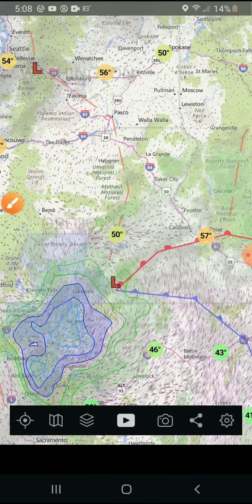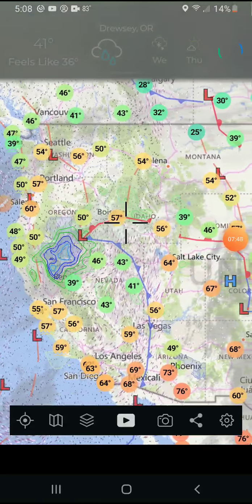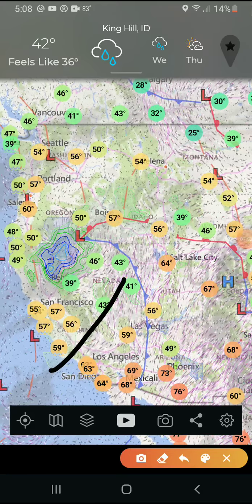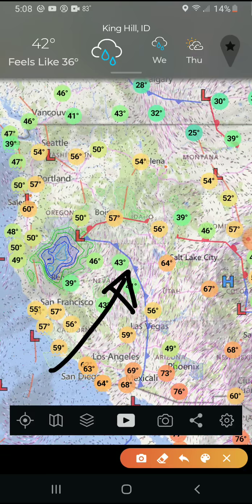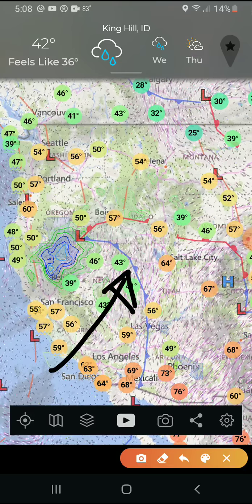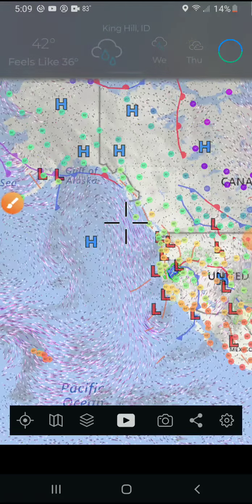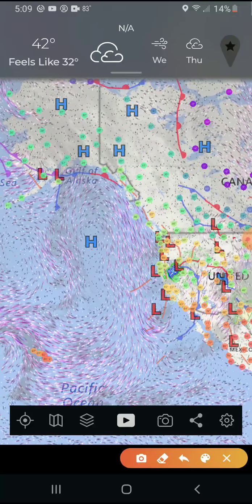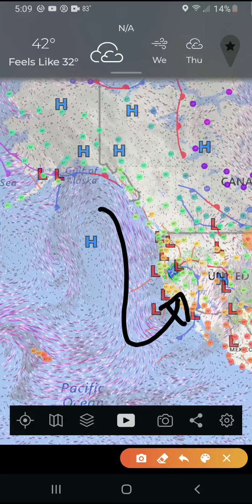Okay, we have something unique over here that's kind of weird looking. Look at this one. We have a cold front going from south towards the north. How is that possible if the cold front is supposed to be coming from up north? Well, if we zoom out, you will see what's happening here. Do you see this? Here we have wind currents coming from here, and then they turn.